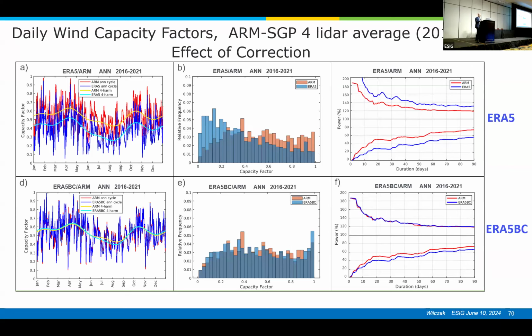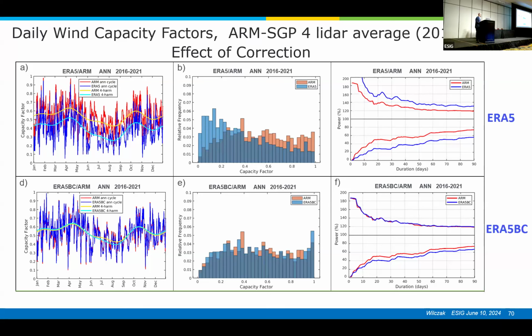Quickly, I'll just move to the right panels of this figure where I now show the impact of the bias correction on these drought intensity duration curves. The top right panel shows the raw ERA5. Now, in this case, for wind, the ERA5 greatly underpredicts the amount of wind power that will be available during these worst-case flood events.